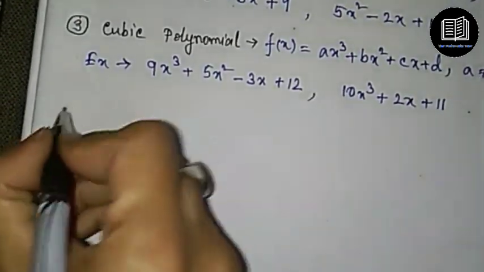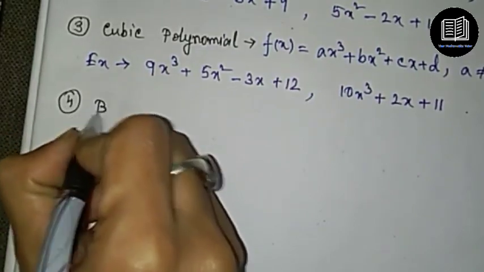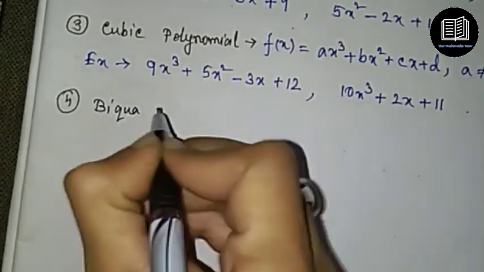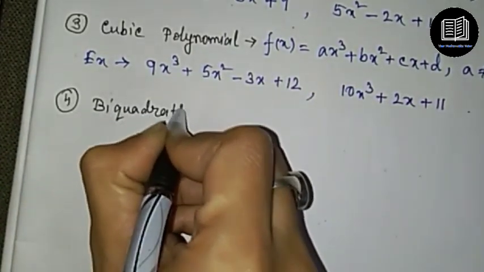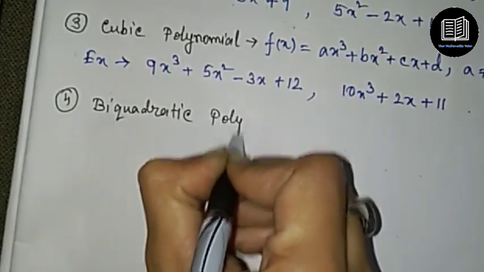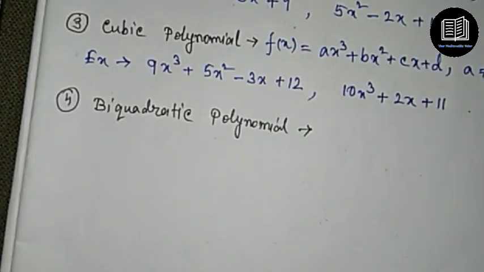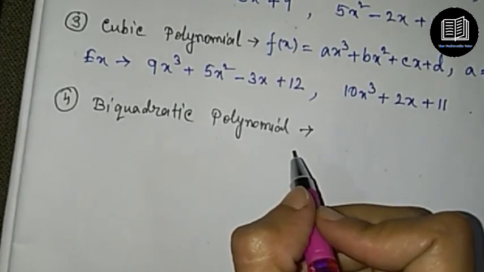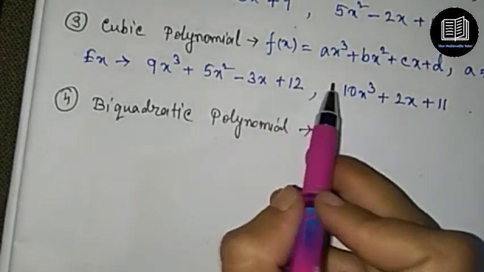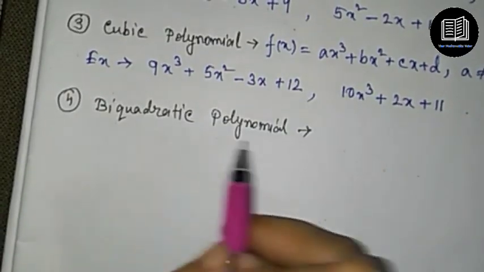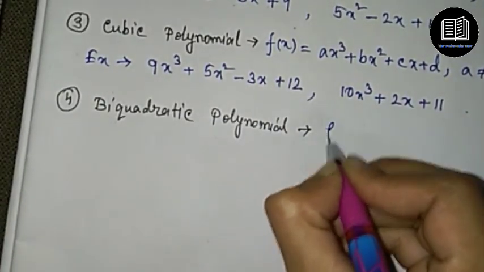Next, number 4, biquadratic polynomial. The polynomial of degree 4 is called biquadratic polynomial.